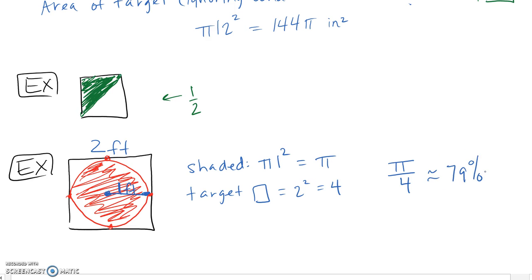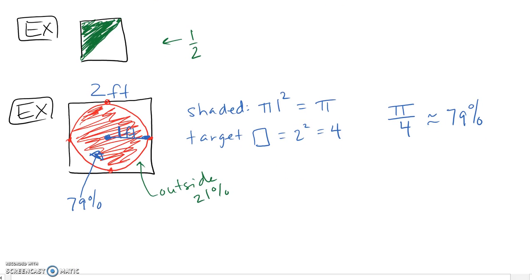So what we're saying here is that inside the circle is 79% of the area, which means, by subtraction, outside the circle is 21%. These problems come up often enough that you should pretty much just know that inside the circle is 79%, outside is 21%.